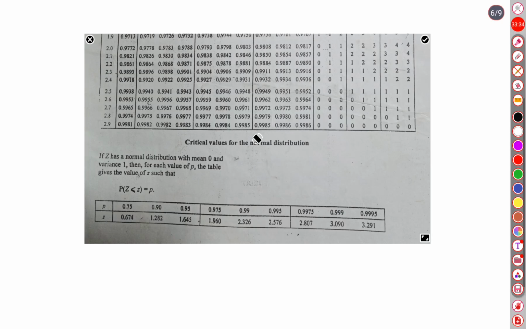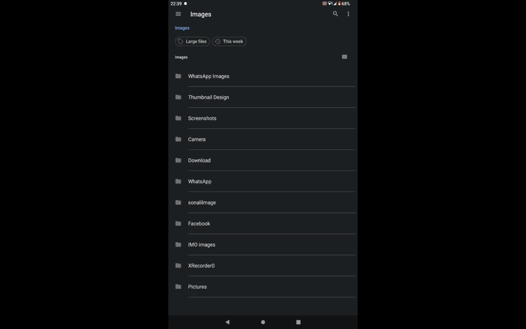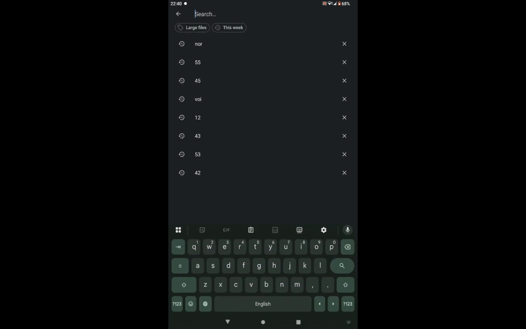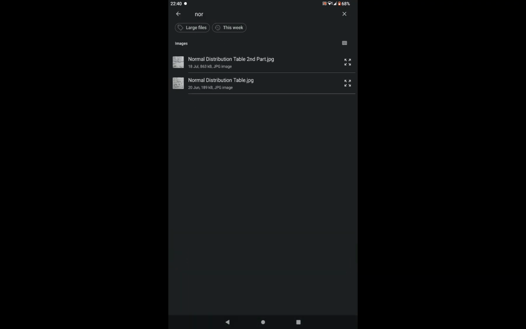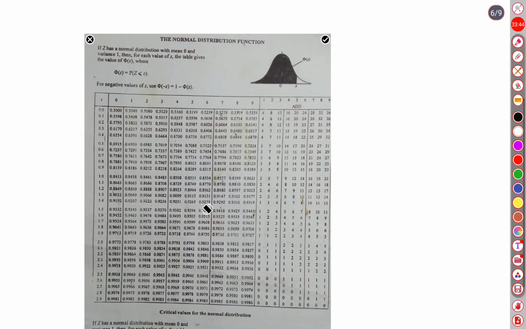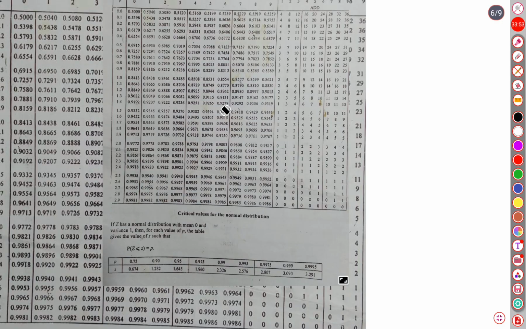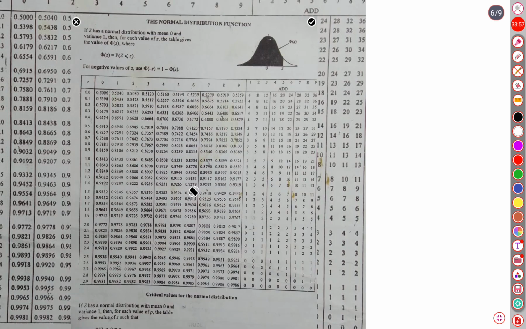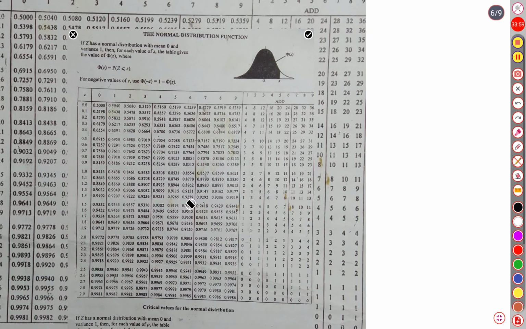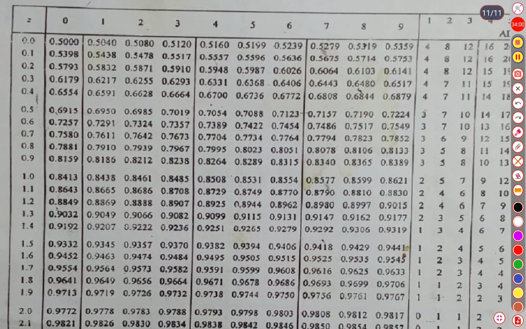Yes, not from this, from the larger one actually. Yes, this larger one. So from here, let me zoom it out. Well, our z-score is 1.255.